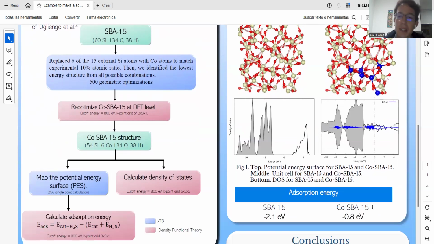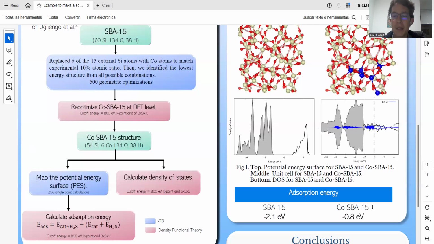And also, this is the adsorption energy that we calculated, and we can see that for the pristine SBA, the interaction between the SBA and the hydrogen sulfide is much stronger, unlike the doped system. And this might tell us that with cobalt, we are reducing the strength of the interaction.